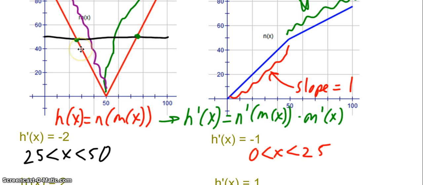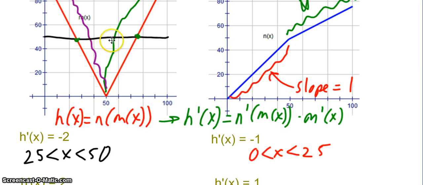I don't know if it's exactly 40 or not, but the point is that it's definitely less than 50. So then I'm evaluating n prime when it's less than 50, which means that the slope is 1. So this piece is going to become 1, and m prime of 30 would be negative 2. So negative 2 times 1 is negative 2. So that's how I get a value here.